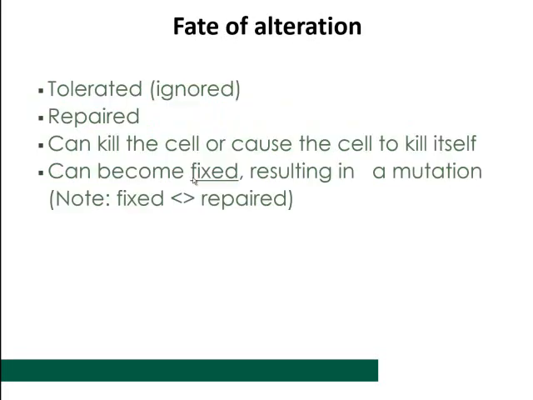The fate of the alteration. Well, number one, the alteration in the base can either be tolerated, that is, it's ignored, or it can be repaired by mechanisms that are built into our systems, or it can kill the cell and cause the cell to kill itself, or it can become fixed, and it can result in a mutation that is passed down from generation to generation.